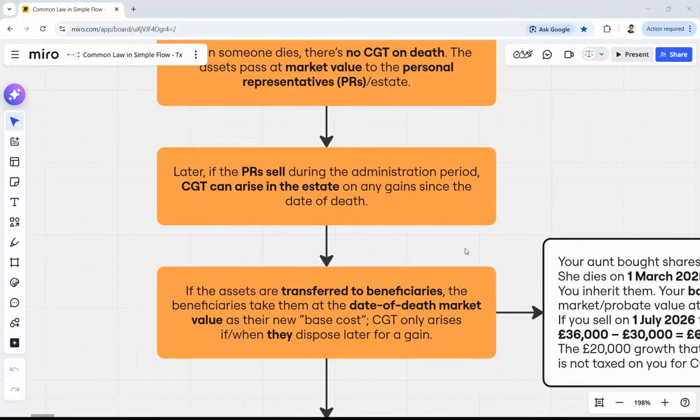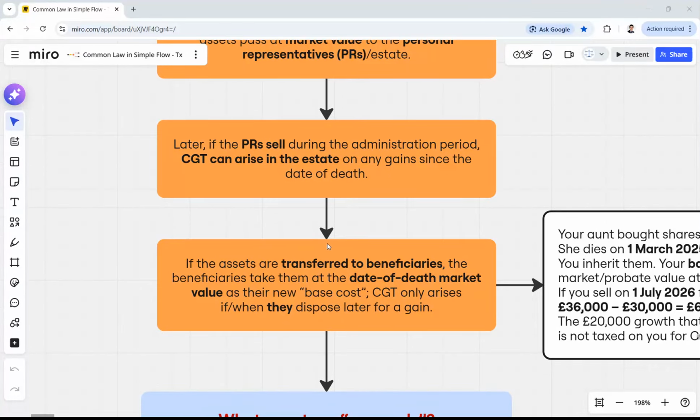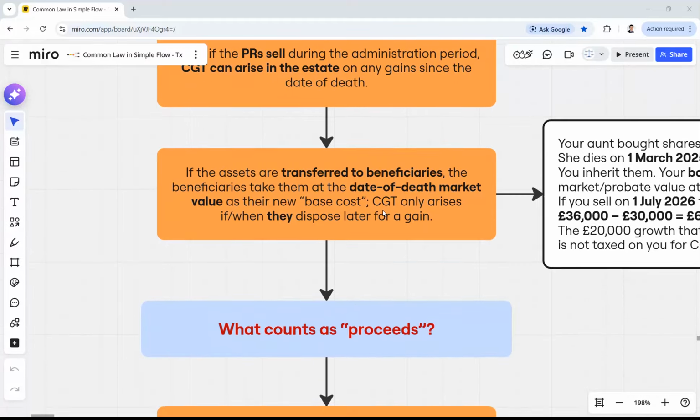So the date of death will be considered our starting point for evaluating the gain on the price. If the assets are transferred to beneficiaries, the beneficiaries take them at the date of death market value as their new base cost. CGT only arises if they dispose later for a gain.